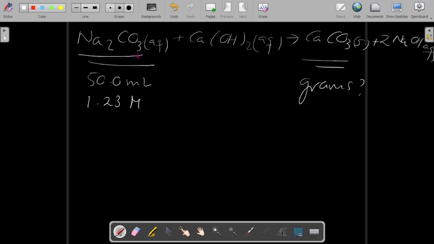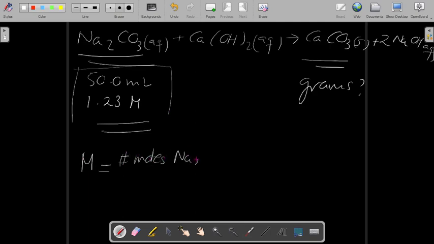So we need to do stoichiometry. But we need to know how many moles are here. How many moles do we have coming in? If you remember molarity, the formula for molarity was the number of moles, in this case that sodium carbonate, divided by the number of liters in that solution.